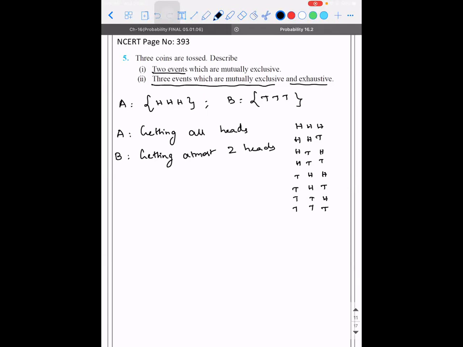At most 2 heads means tail, tail, tail is also possible, no? We want 3 events which are mutually exclusive and exhaustive. At most 2 heads will not work.